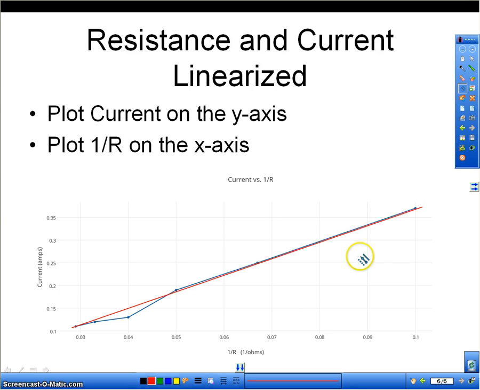Then I would pick 2 points off my best fit line, so 2 points that I like. I might choose this one and this one right here. And I would do a rise over run, y minus y over x minus x, and figure out the slope. In this case, whatever slope I end up getting would be my voltage, because when we looked at that formula, the voltage was the slope.